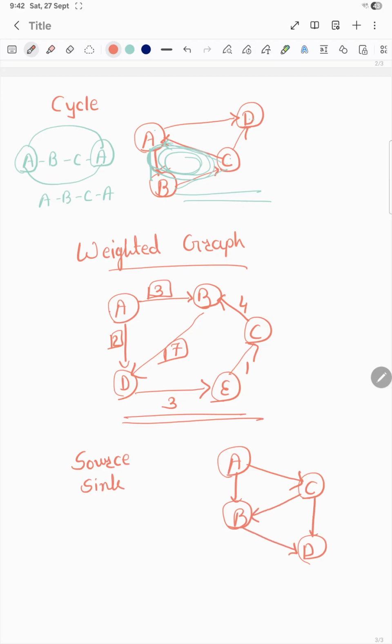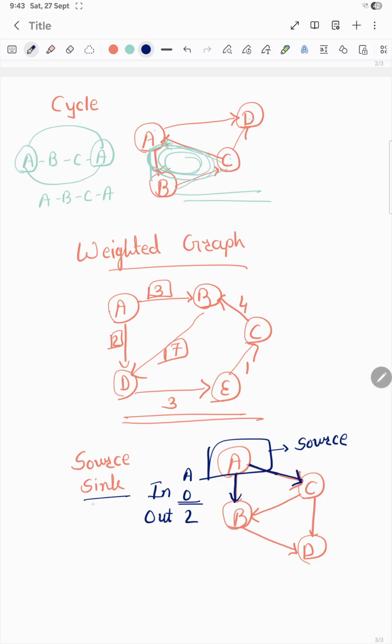Now here, if you closely look at A, if you check the in degree for A, that's 0, and the out degree for A, that's 2. That means all the edges are going out from A. There is not any edge that is coming inside A. So this kind of node, where the in degree is 0, is known as a source node.